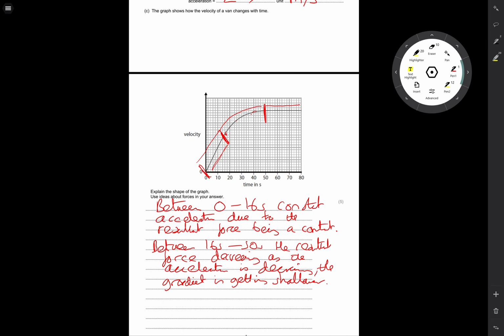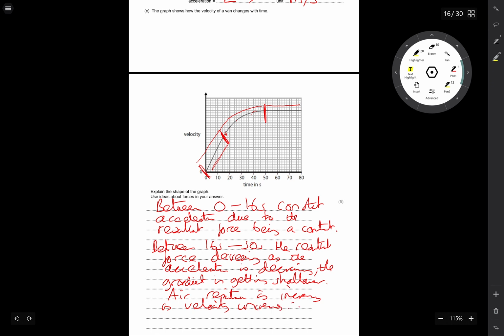Okay, so how am I going to explain that? Well, as we're getting faster, the velocity is getting bigger, which means that the air resistance is getting bigger. So the air resistance is increasing as velocity increases.